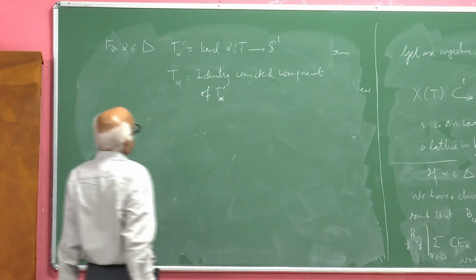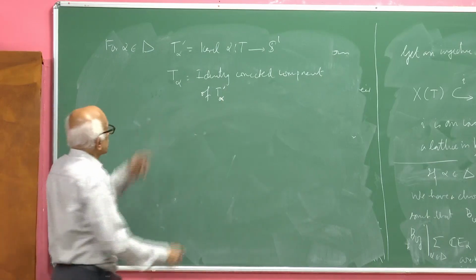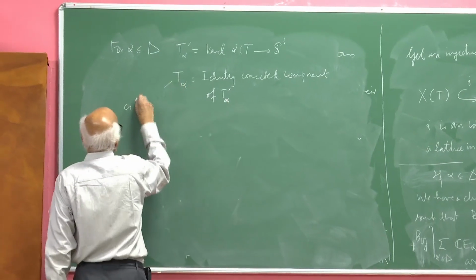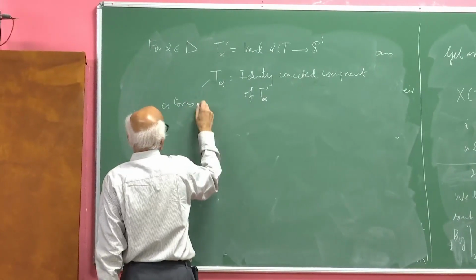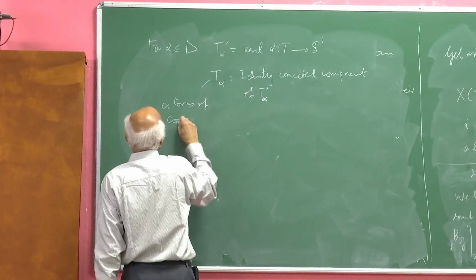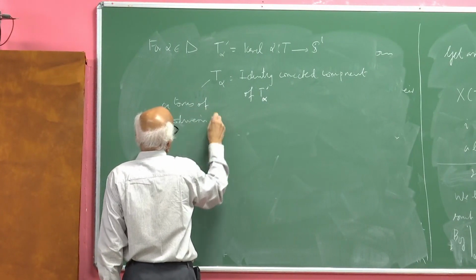The connected component is the identity. This is a torus, and alpha is a non-trivial character of codimension 1 in T.